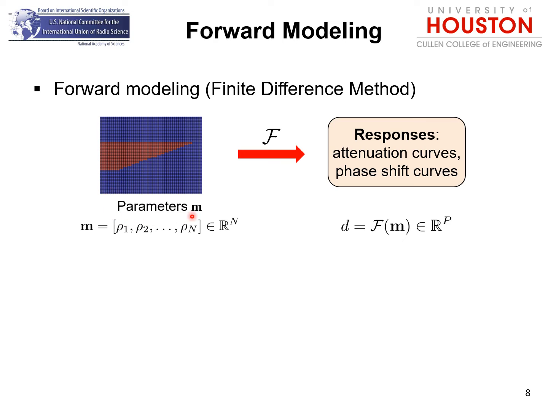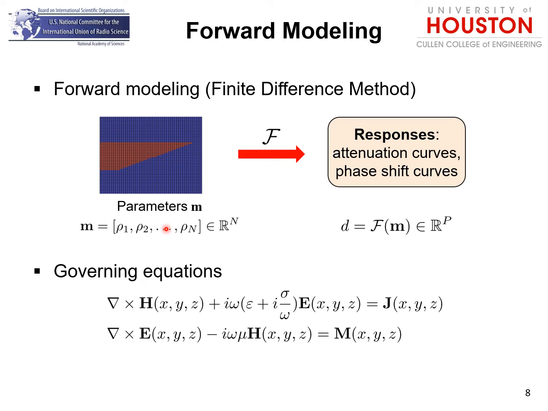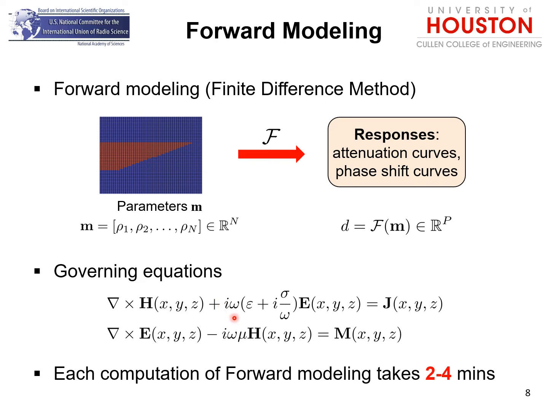The model parameter is a vector of resistivity, permittivity, and other parameters that can describe the formation. The forward operator is defined by the governing equations. Those are Maxwell equations. So for each computation of the forward modeling, it takes about 4 minutes.